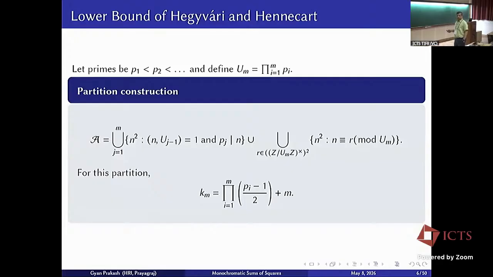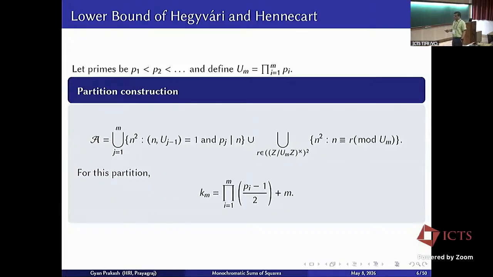So R is a square of an invertible element in Z mod UZ, and then consider squares n squared such that n squared is congruent to R mod U. Sorry, there is a typo here, it should be n squared is congruent to R mod U.